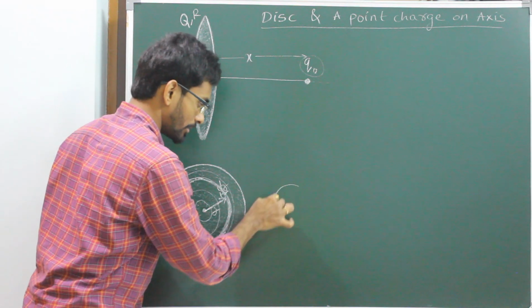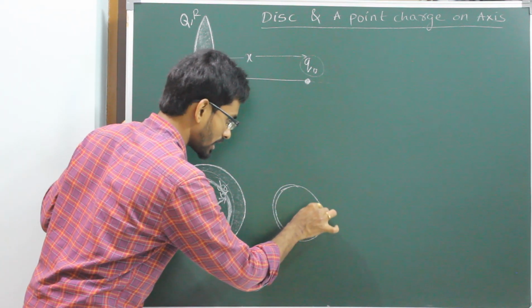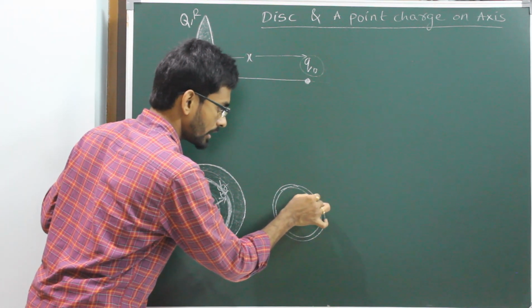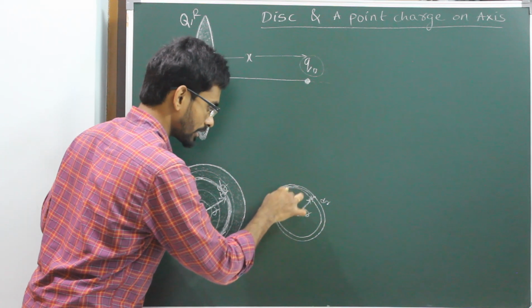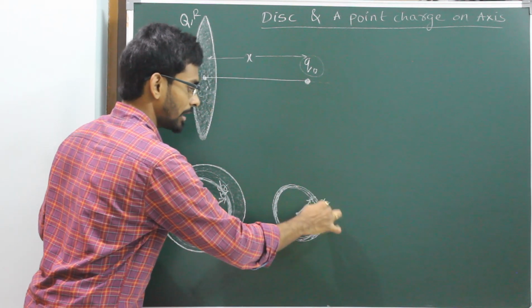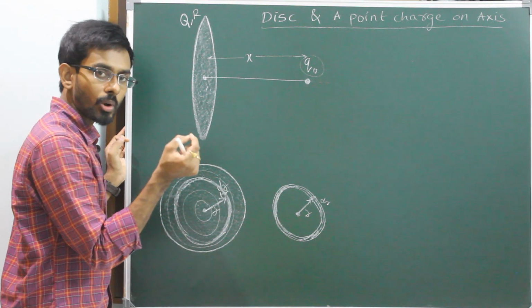If I draw the element here, it is of radius r and its thickness will be dr. So this is our element. We have picked the element by assigning a variable and changing it by a small value.